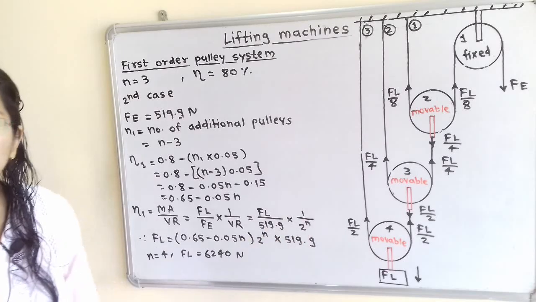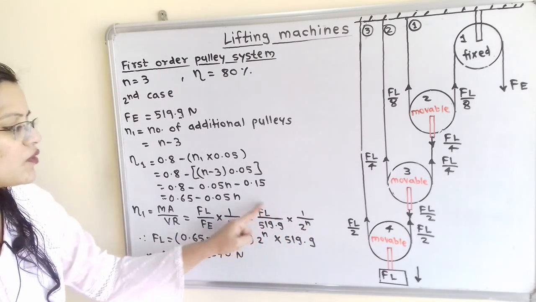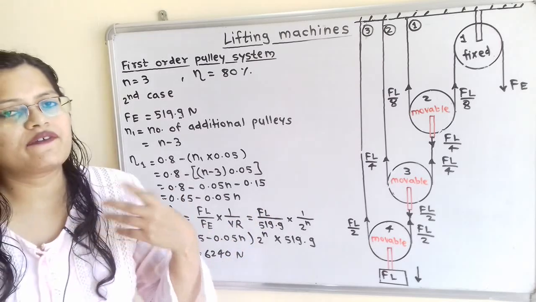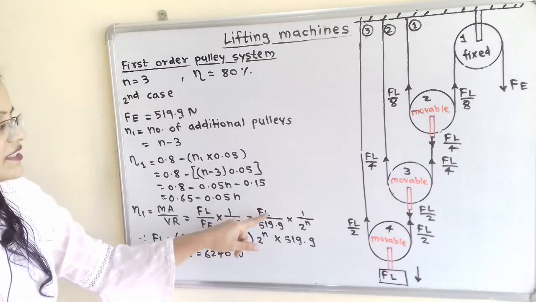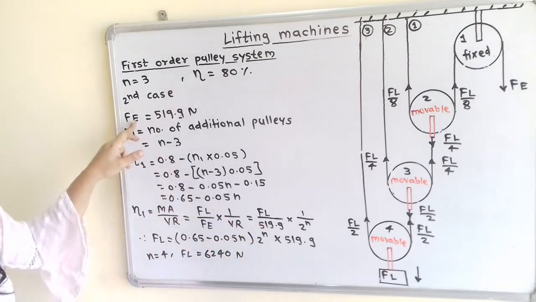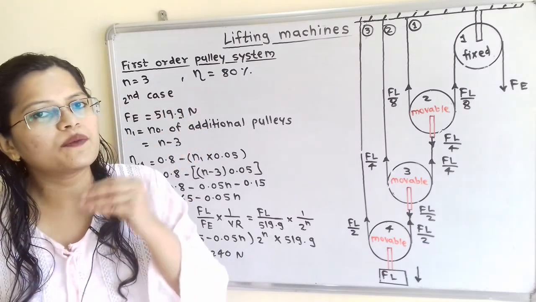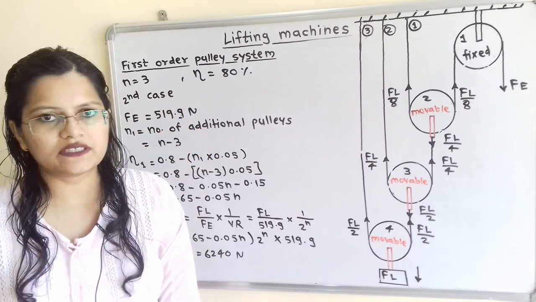Here also VR is equal to 2 raised to n, and we have to find out FL, because the condition is given that for the same load, that is for 6000 Newton load, if we apply effort 519.9 Newton, then how many pulleys should be in the system?